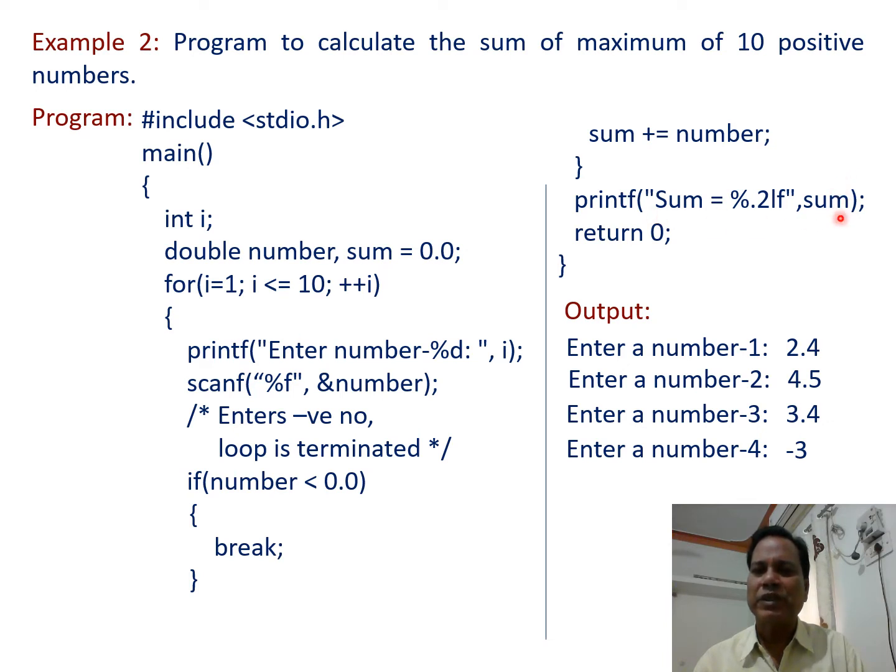The value of sum that was previously obtained in the body of the for loop is printed at the format specifier %.2lf. So in this way the loop is terminated and we get the sum displayed on the output screen.